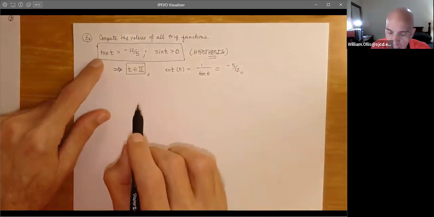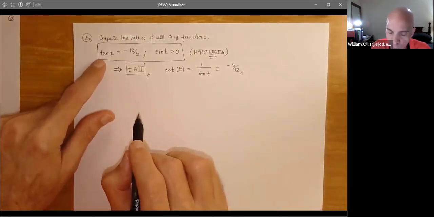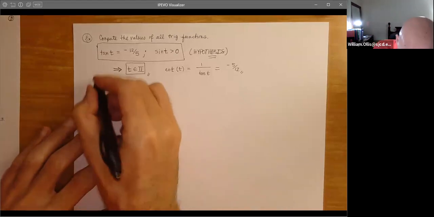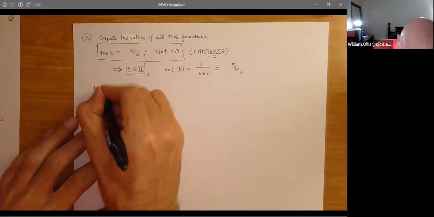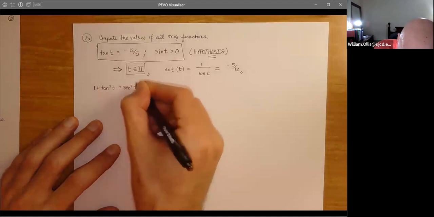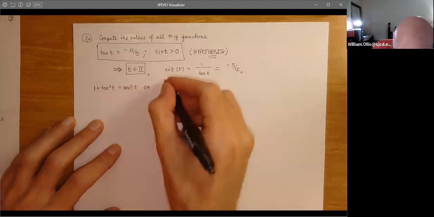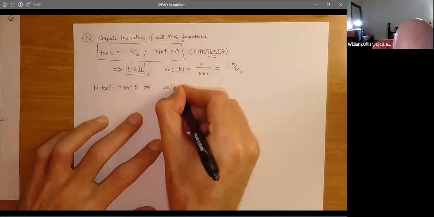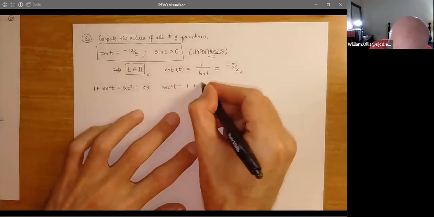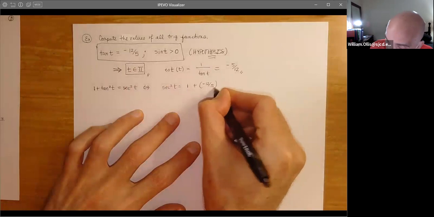Now, if we look at this and think about what we need to do at this point, we can now combine the tangent with the secant with the Pythagorean identity and get secant, and then from secant we can get cosine, and then we're home free. So note 1 plus tangent squared t equals secant squared t. So if and only if secant squared t equals 1, of course, now we'll substitute for tangent, plus -12 over 5 quantity squared.